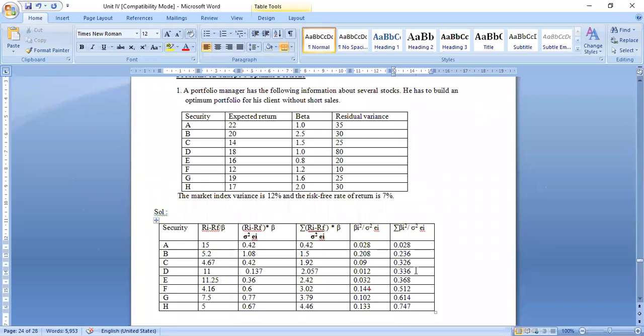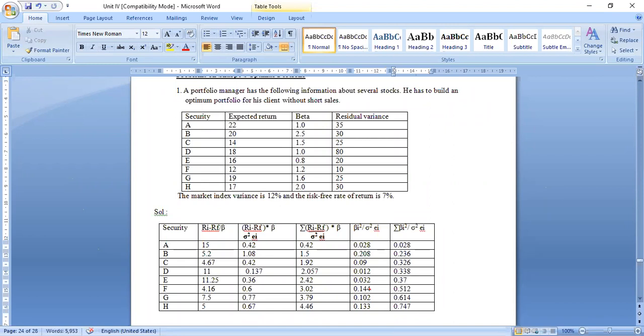Next, 0.338 plus 0.032 will give us 0.37.